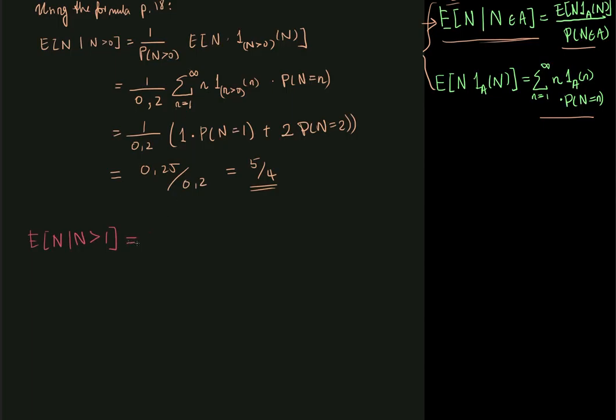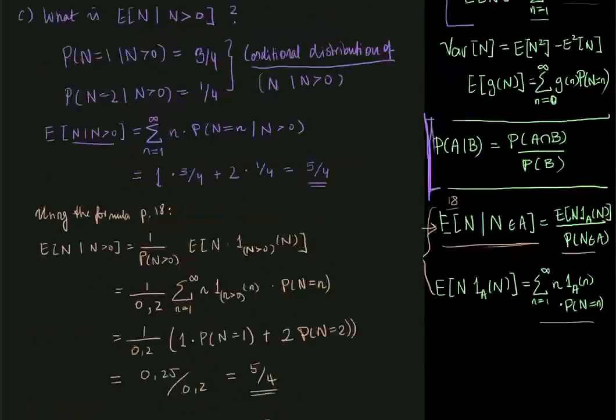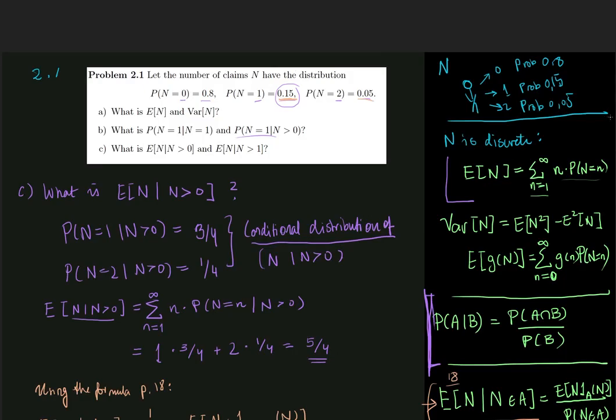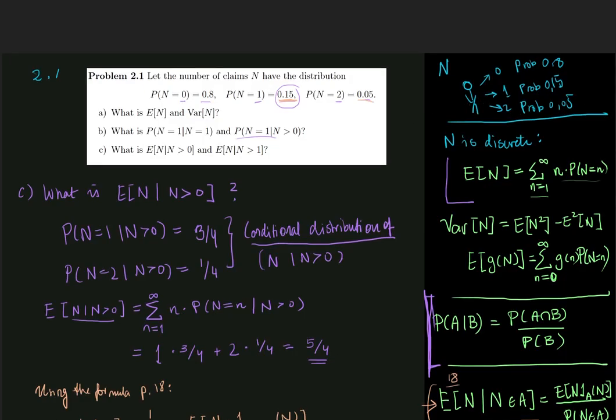But what is our mathematical answer then? Well, this thing here is equal to the mean of n multiplied by the indicator of n being greater than 1 of n, divided by the probability of n being greater than 1. This is just the same as dividing by the probability that n is equal to 2, because if n is greater than 1, then n must be equal to 2, and if n is equal to 2, it is also greater than 1.